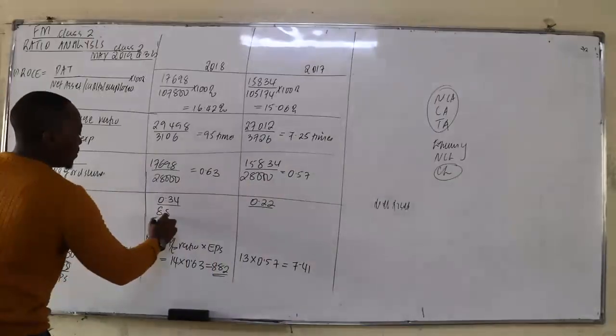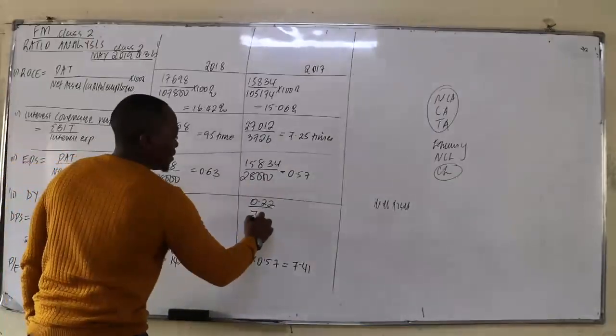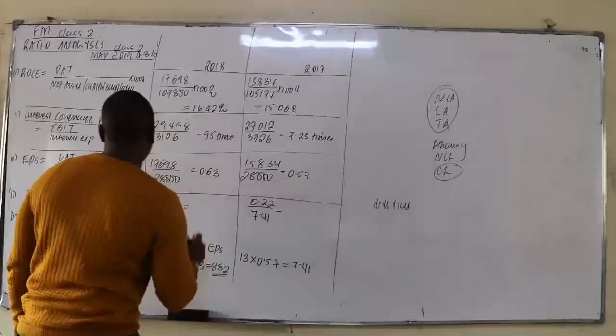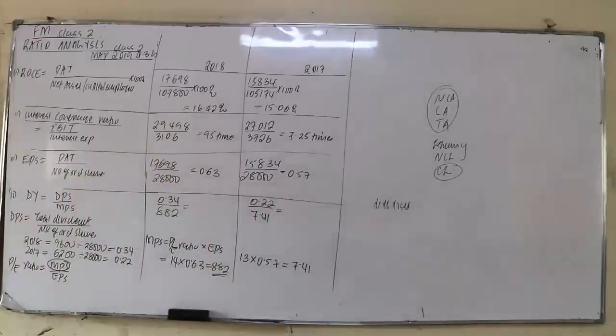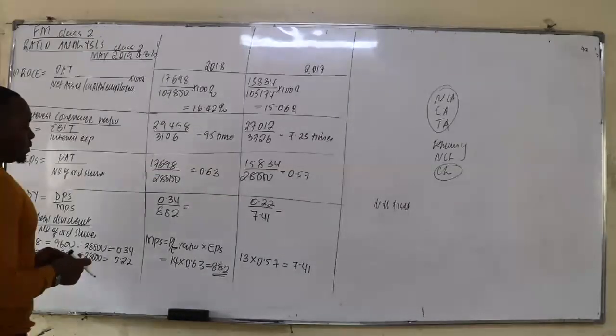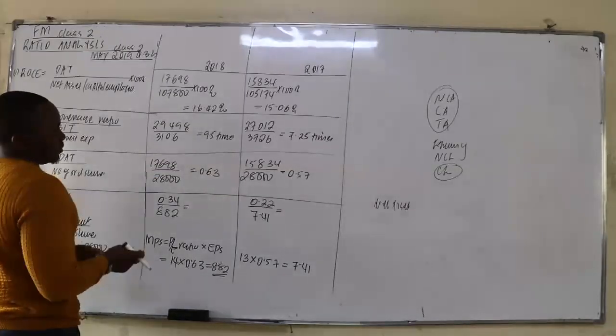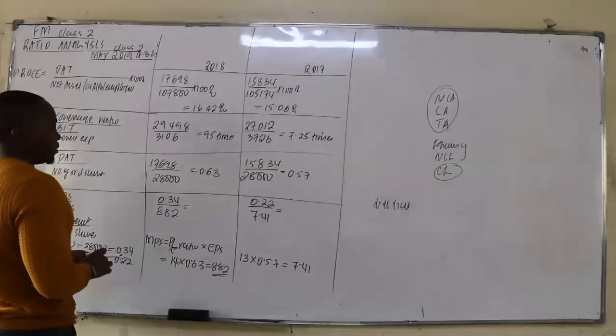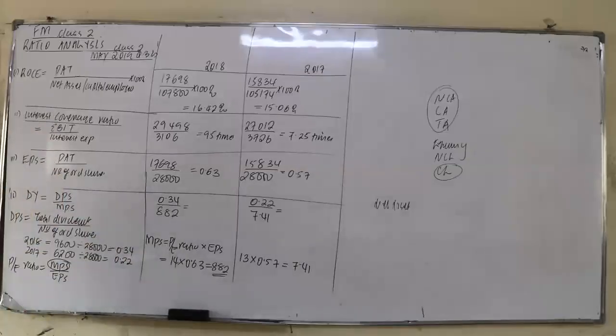This is 8.82 and 7.41. You can also express the dividend yield in percentage, which is still okay.